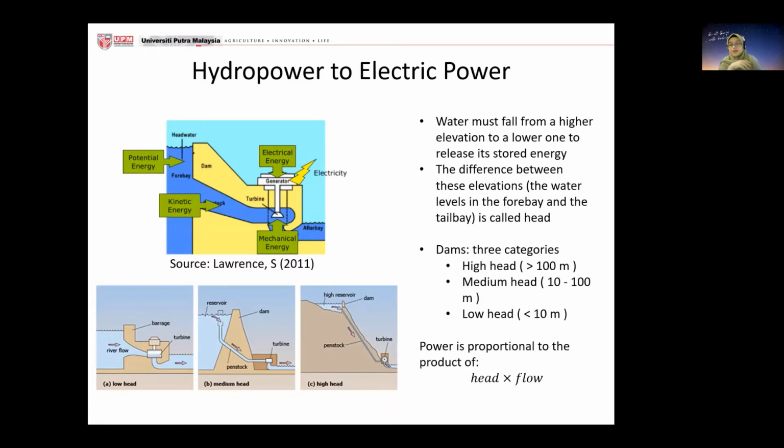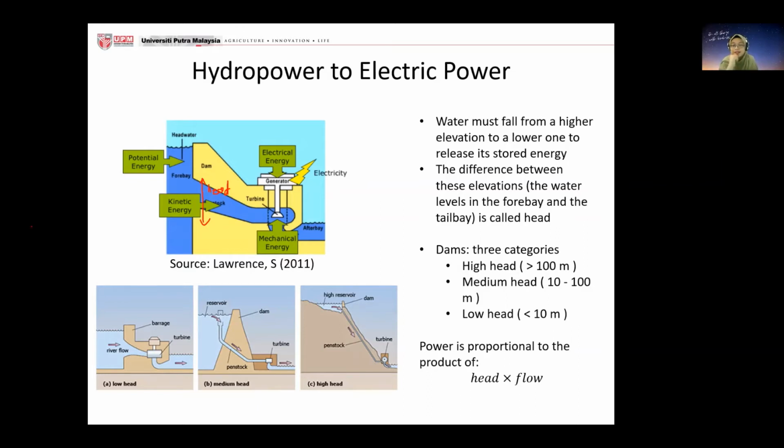So if you have the forebay here and the afterbay there, this height is called the head. Sorry about my handwriting. So that is the head. That is the potential height that you can actually calculate.